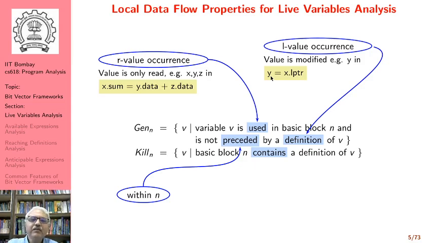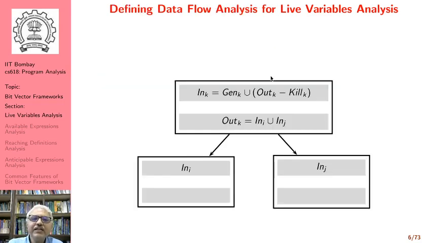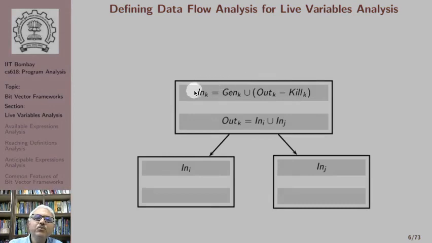But before that, we also have this definition of kill, which says it contains those variables which are defined within the block. A basic block n contains a definition of v anywhere in n. Here it doesn't matter whether it is preceded or followed by anything. Having defined gen and kill, now we are ready to define two sets, in and out.